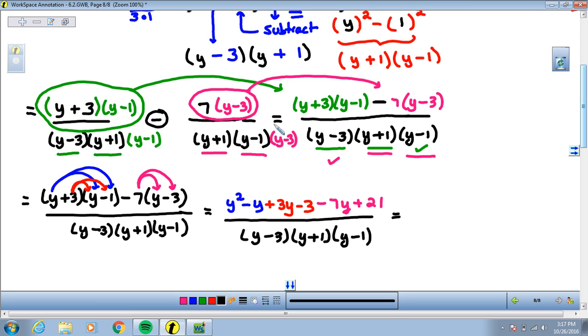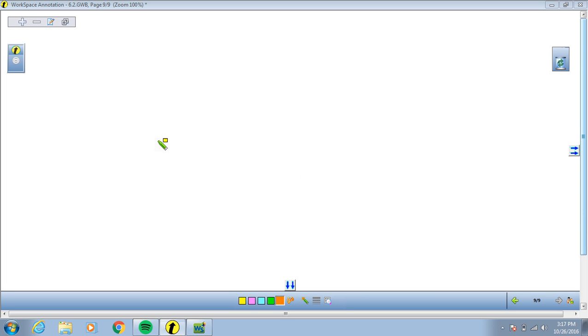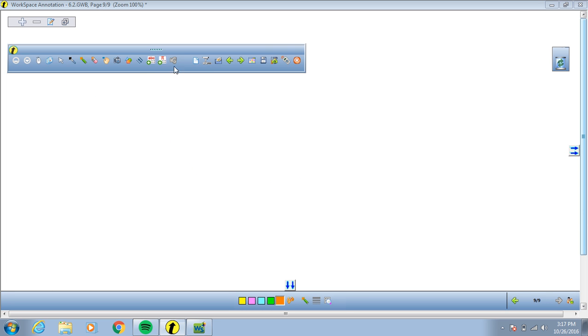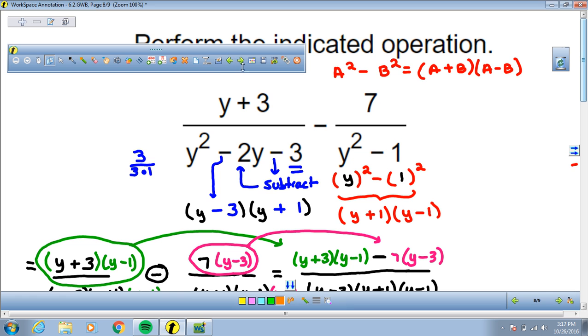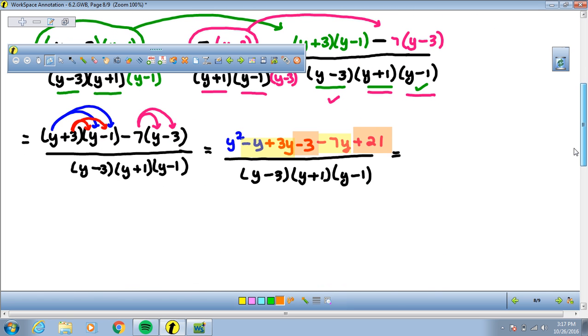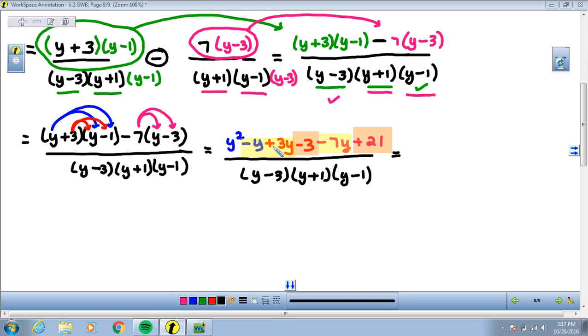Then we combine the like terms, right? So we're going to combine these y terms right here, and also we can combine the negative 3 with the 21, right? So the y squared stays alone.